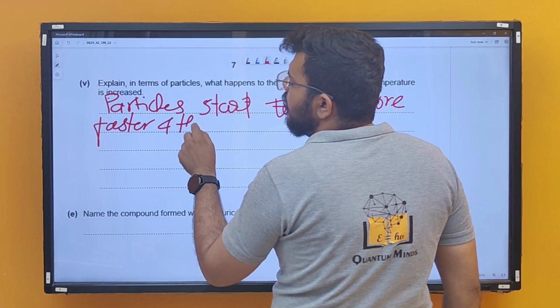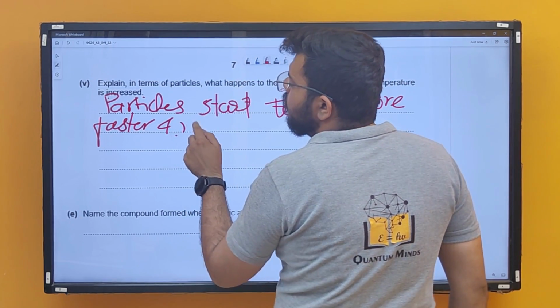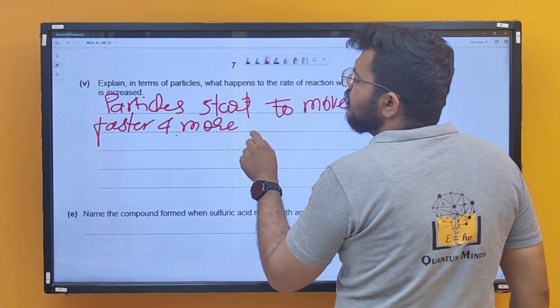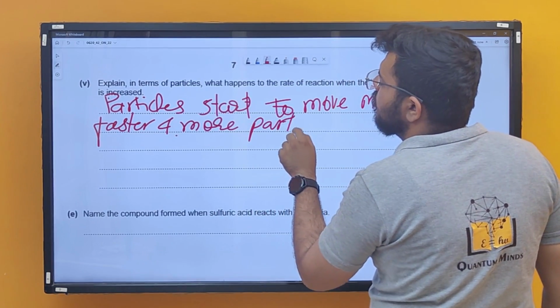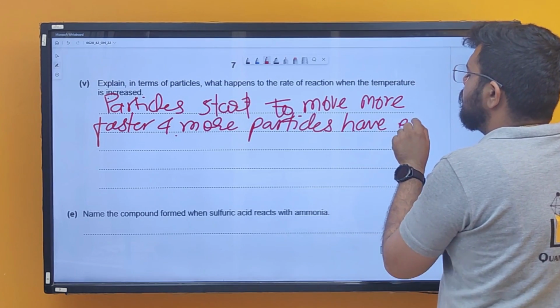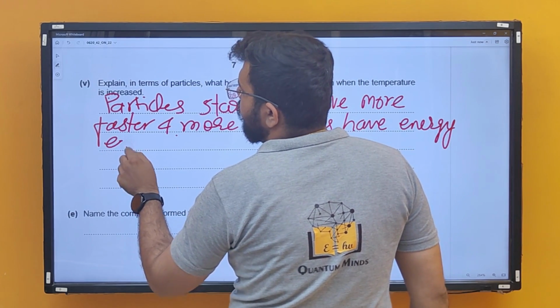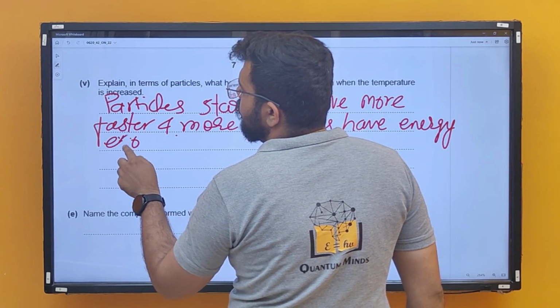and let's write more particles have energy enough to react.